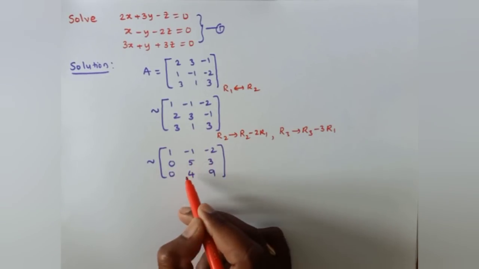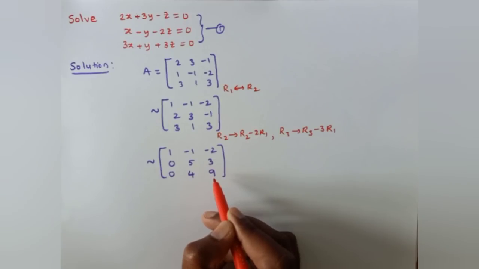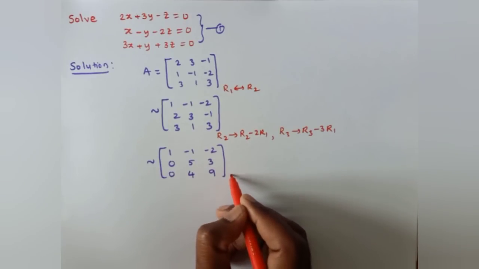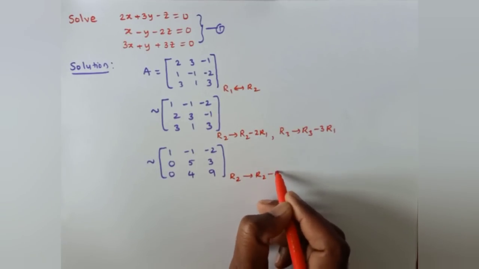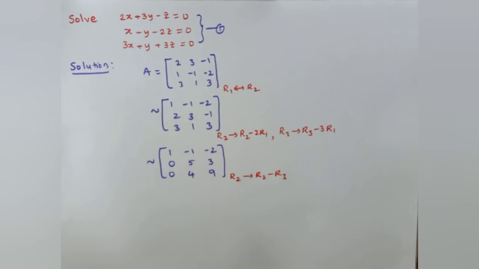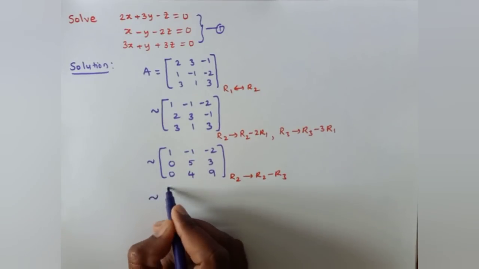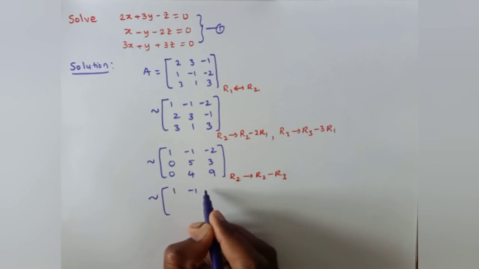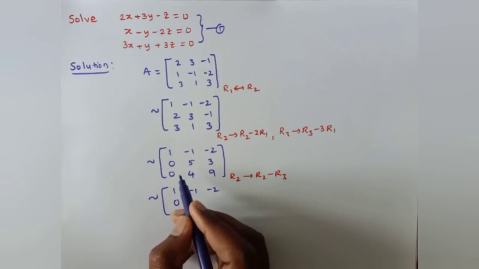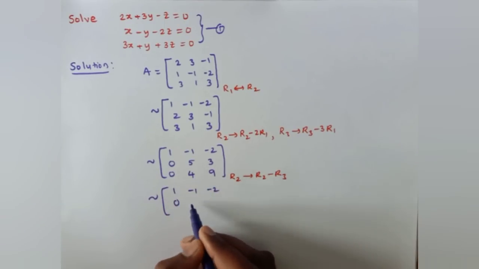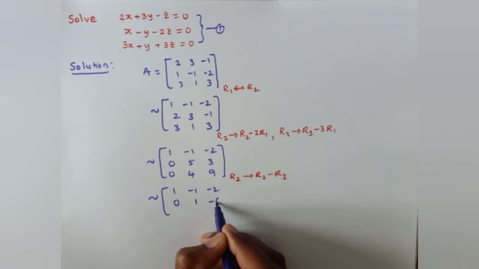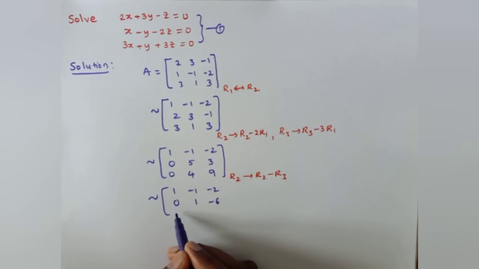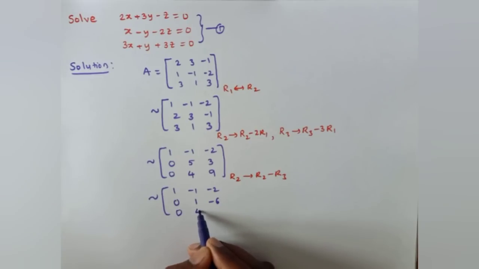Or you can do R2 minus R3 also, so that the second element is 1. That gives 1 minus 1 minus 2, 0 minus 0 is 0, 5 minus 4 is 1, 3 minus 6 is minus 6. Now we change this 0, 4, 9.